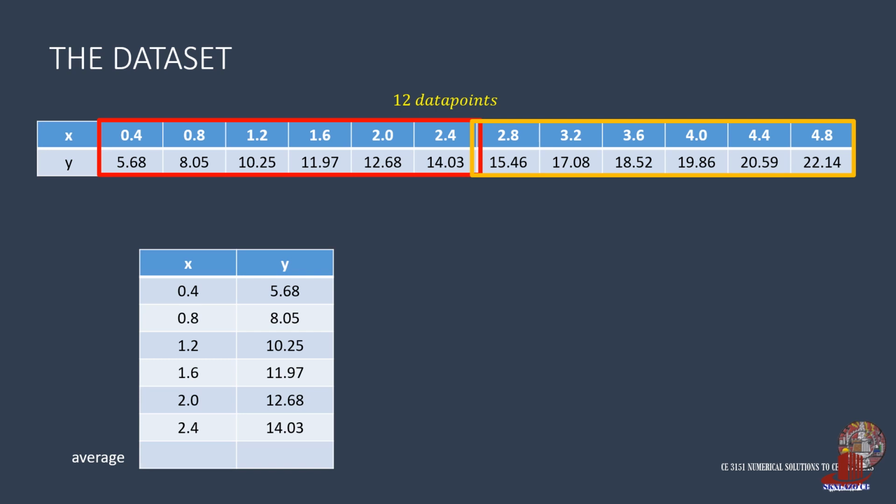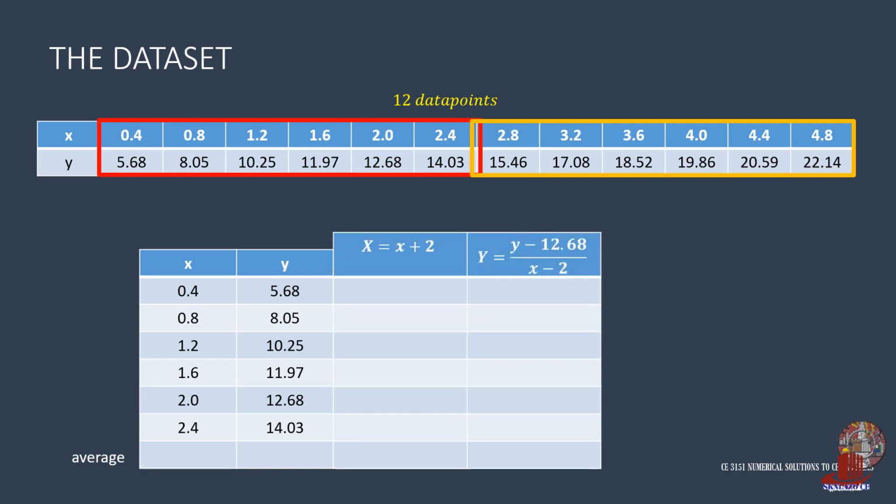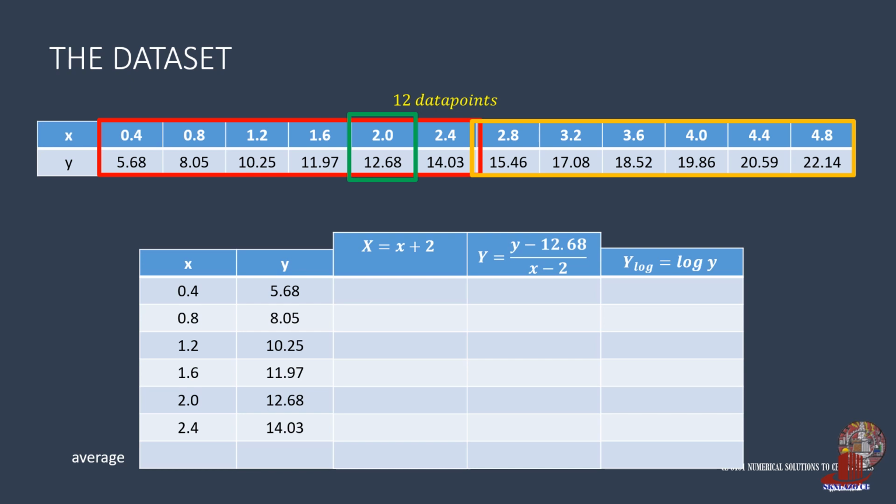The quadratic curve solution requires columns for capital X and capital Y. Using the point at 2 and 12.68, capital X is then x plus 2. Capital Y is equated to y minus 12.68 all over x minus 2. The last task, the exponential curve, needs x and capital Y log.